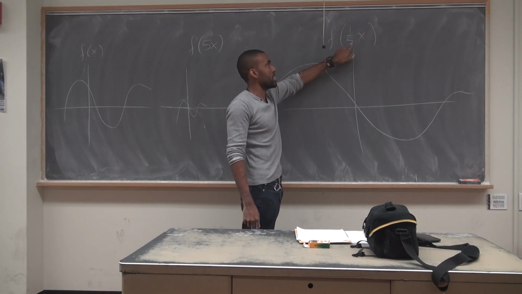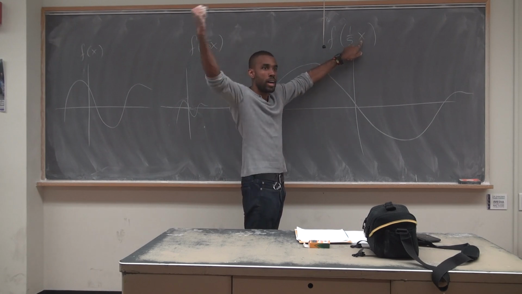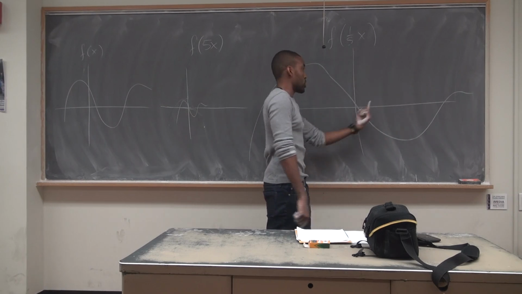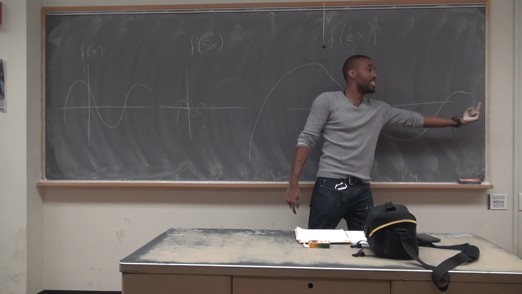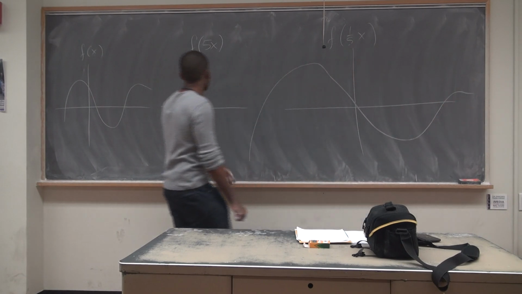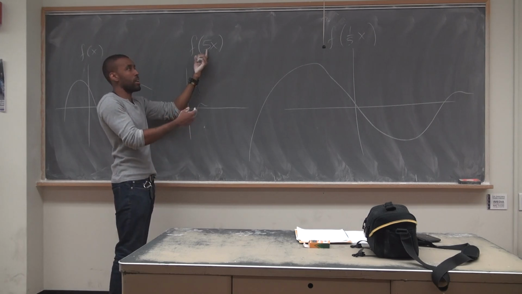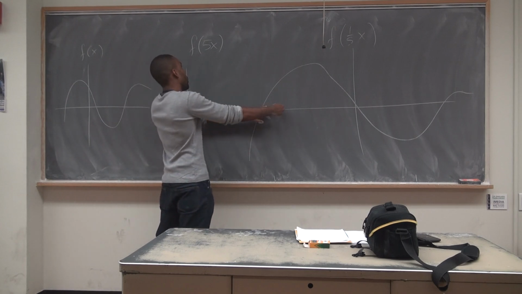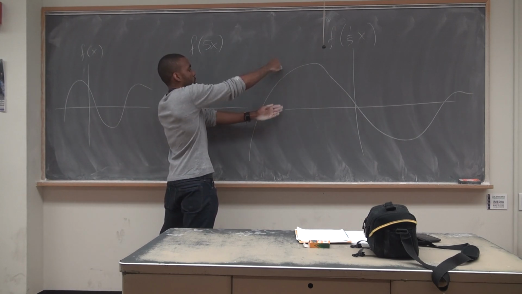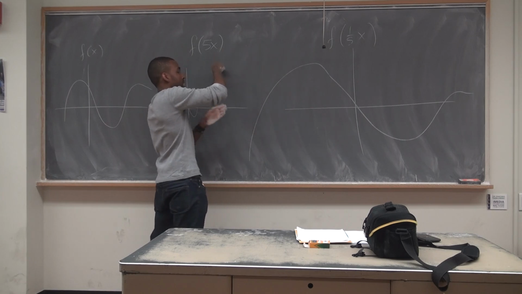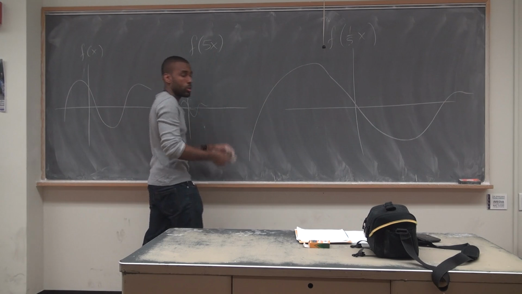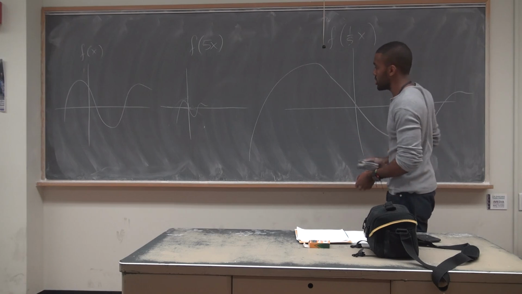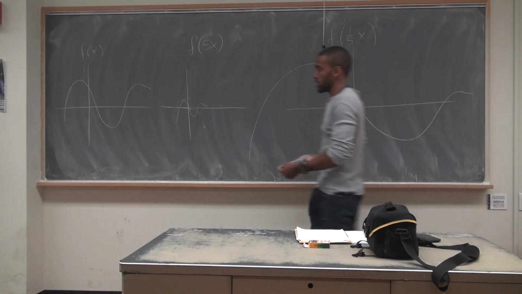If I made this 1/5, to get the same y value, my x has to be 5 times bigger, so it takes me 5 times as long on the horizontal to get back the same y value. Similarly here, if I multiply by 5, now to get the same y value, my x has to be 1/5 as big. So if before I needed a y value of 1 when my x was 1, now that y value of 1 has to occur when x is 1/5. So everything's going to shrink this way. With the x, your input has to compensate for the change. You're not just moving y values around, which is kind of different.